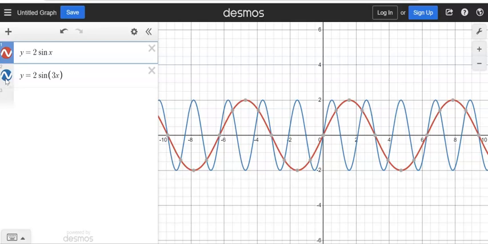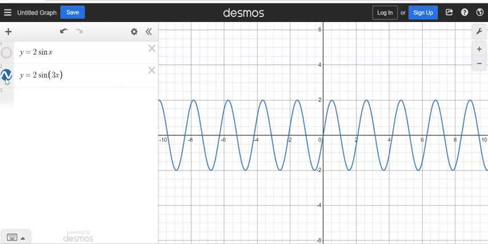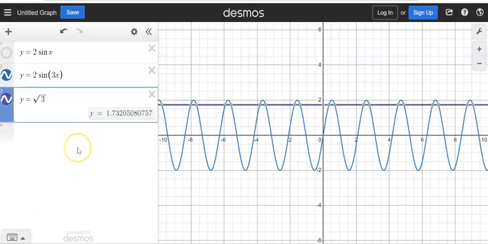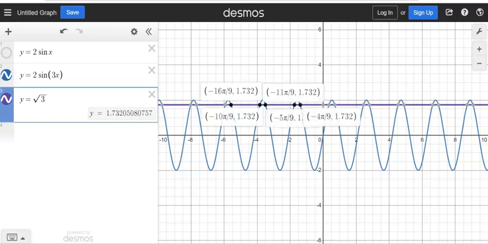What we're looking for when we're solving this particular problem is when this equals square root 3. So what I've done here now is I've inserted an equation of y equals square root 3. And I can see that this is happening every single time right here as I'm going across.